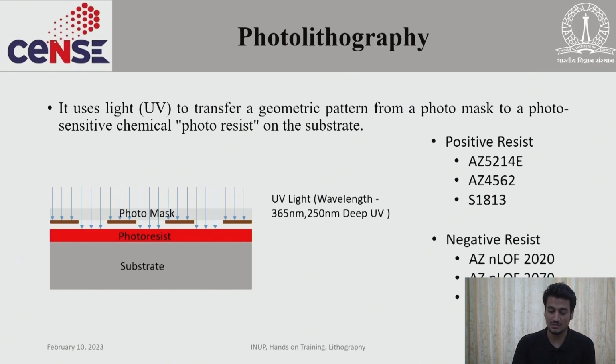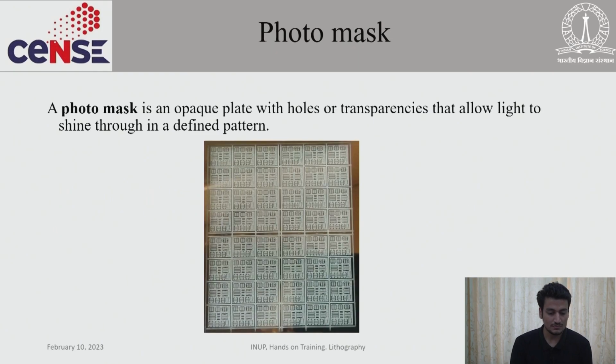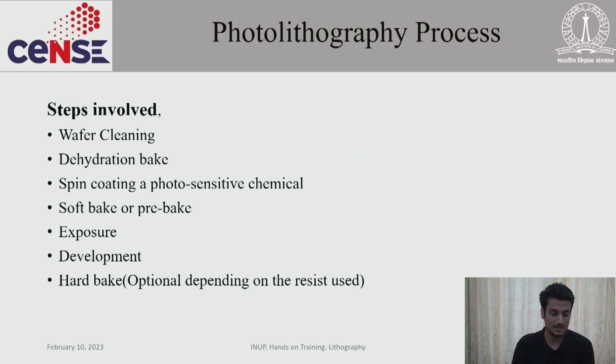The positive resists we use are the AZ series and S series: S1813, AZ5214 and AZ4562. For negative resist we have AZ nLOF 2020, 2070 and the SU8 series. When we use a photo mask, the transparent part allows the UV and the opaque part blocks the UV to expose your sample only in that specific area.